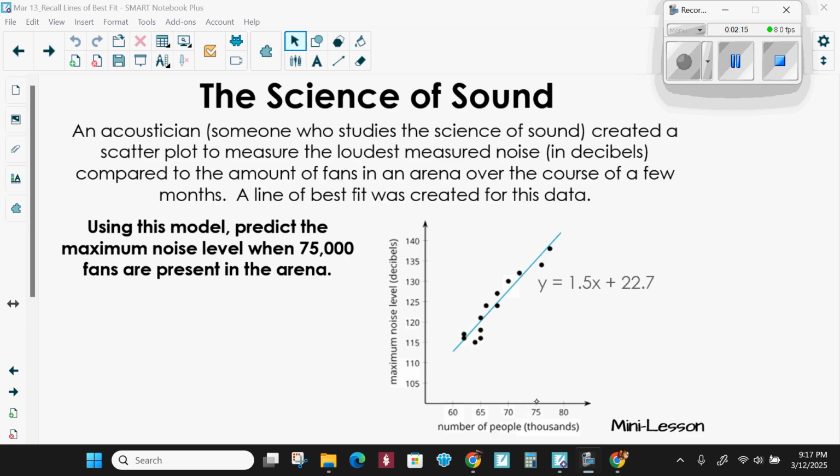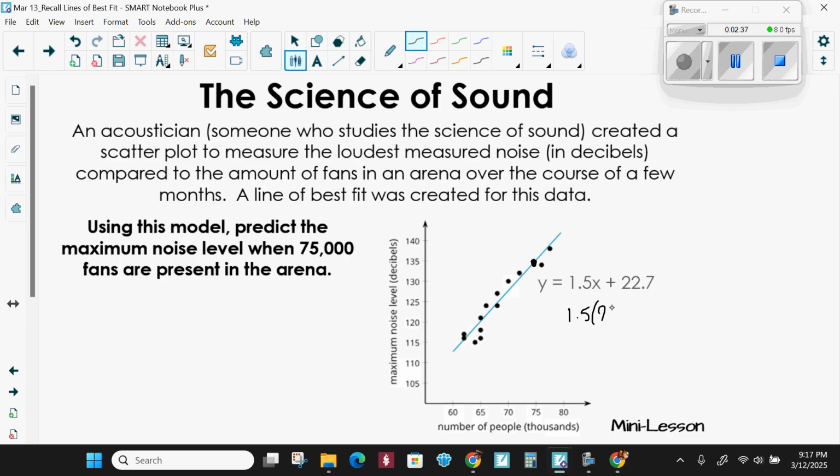Now we could go up here and there might be a point, but what we're looking at is trying to find the actual value that's on the line to predict what it's going to be. So this point about right here, it looks like, might be where that 75 is. And when you plug this in, 1.5 times 75 plus 22.7, you end up with 135.2, which is about where that point is going to be, 135.2 decibels.